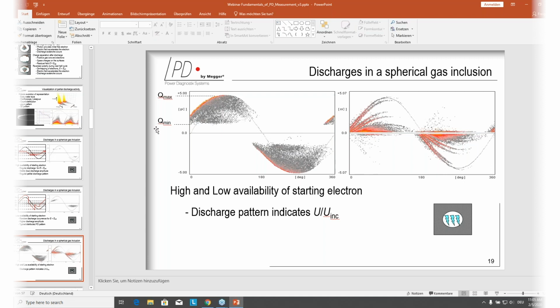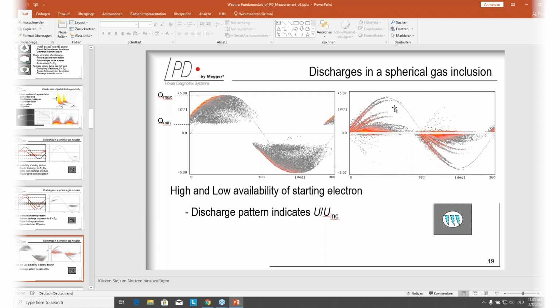Thank you for the question. As said, this figure is showing the partial discharge pulses of a single void in an epoxy resin. And here the pattern is clearly showing a higher count rate at the leading edge of the area occupied with pulses. And this indicates a higher availability of starting electrons.